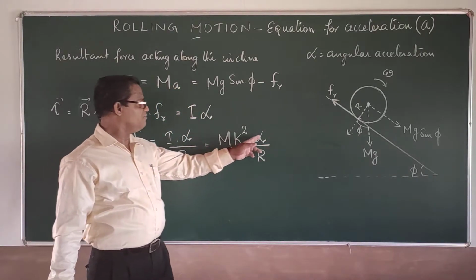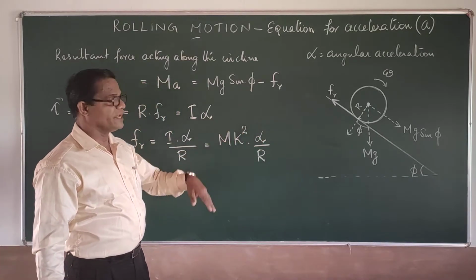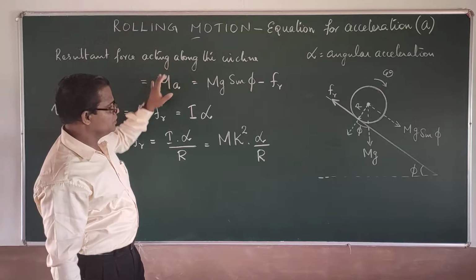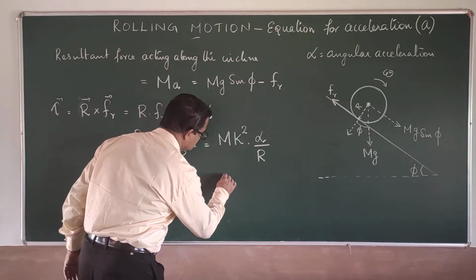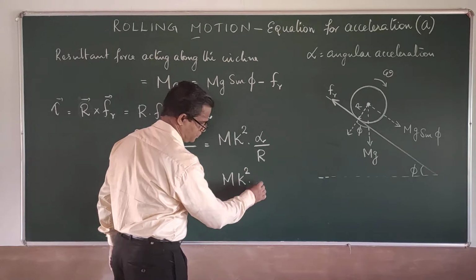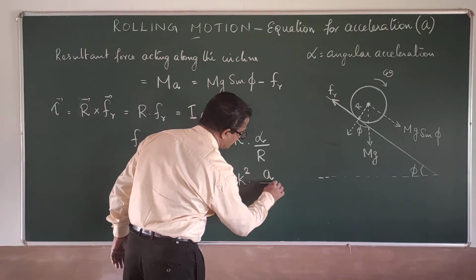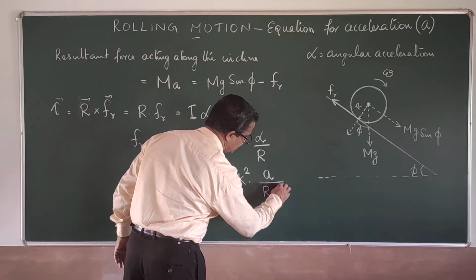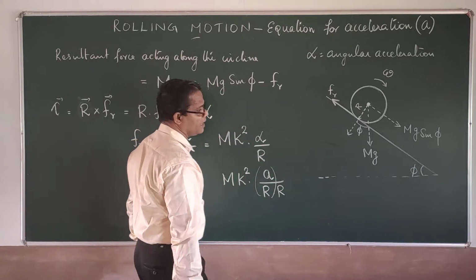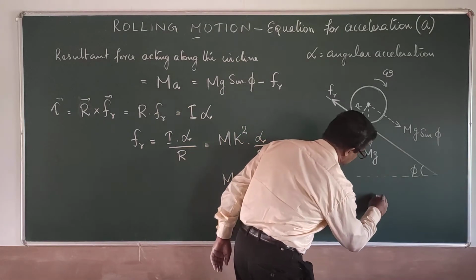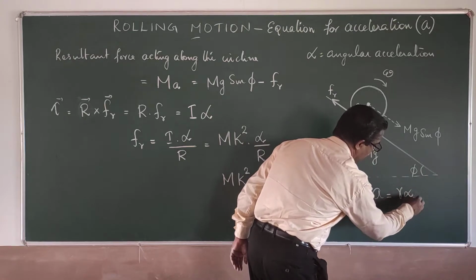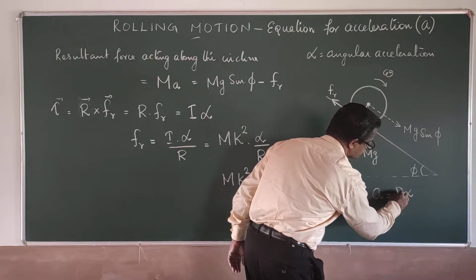Now I bring this alpha in terms of linear acceleration, because we have got linear acceleration in here. So I can write this to be equal to mk square into a by r into r, because alpha can be taken as a by r, because you know that linear acceleration a equals R alpha. One formula you study.